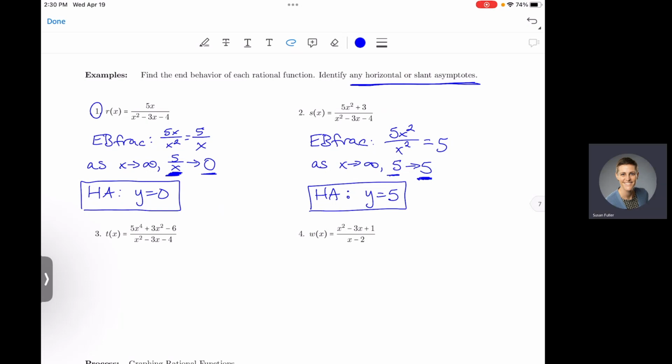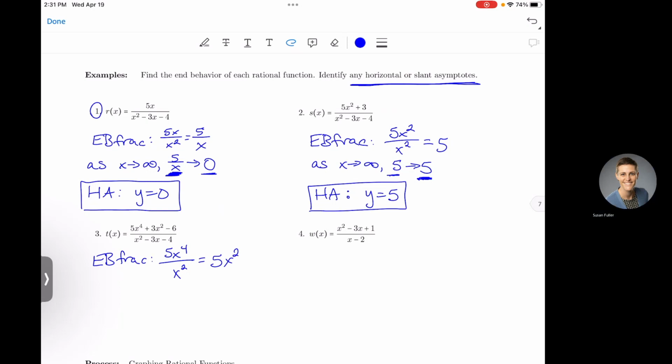Number 3, our end behavior fraction. We're going to start with that to find the end behavior of this rational function. And we're going to do the leading term on top, 5x to the 4th, divided by our leading term on the bottom, which is x squared. And we're going to simplify that. And we get 5x squared.